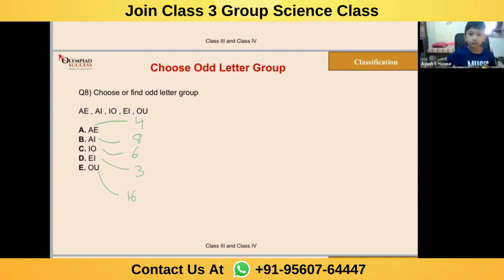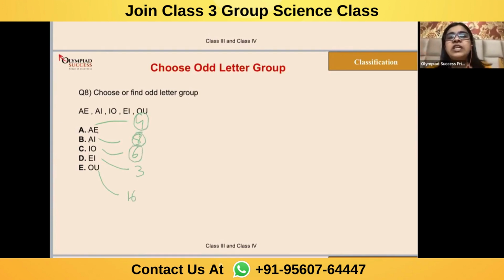No. You made a mistake here, Ayush. A and E: 1 plus 4 is 5. 1 plus 8 is 9. 9 plus 6 is 15. 5 plus 4 is 9, not 3. We have 3 letters in the middle, Ayush, but plus 4 only we'll do, no?